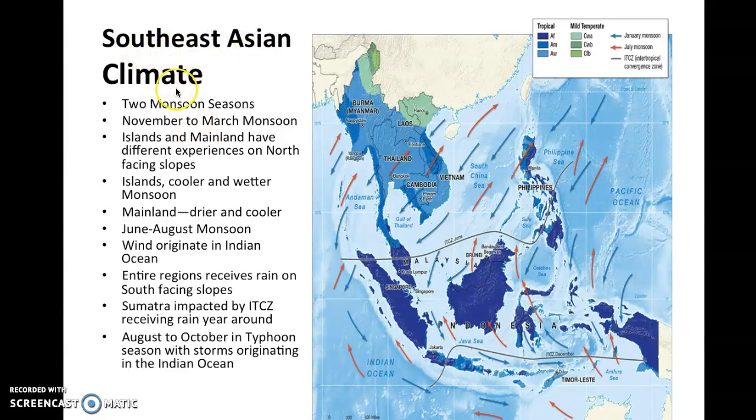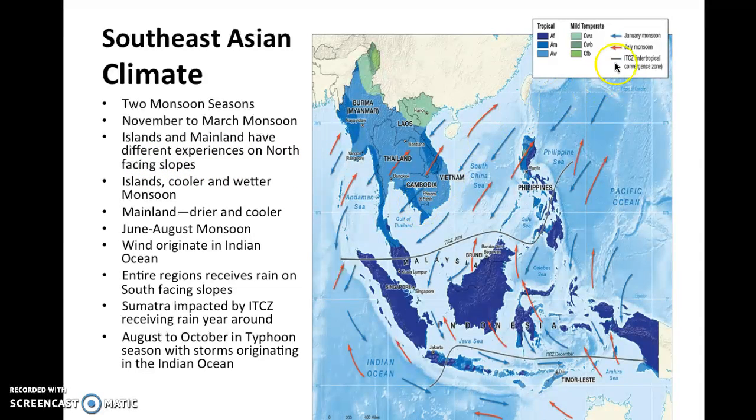Southeast Asia has a unique climate. It has two monsoons, and they run from November to March. That's when the islands and the mainland have differing experiences on the north slope.